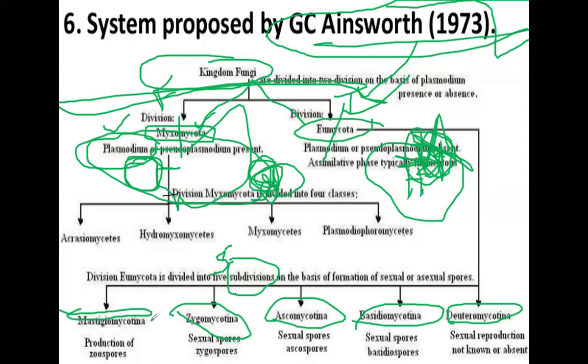Based upon their sexual or asexual spores, their reproductive characters, they are divided into five groups. Mastigomycotina: mastigo means flagella. These are flagellated, zoosporic fungi.